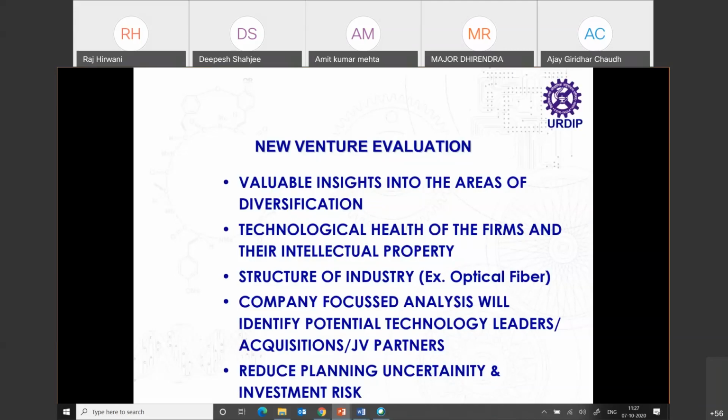So German companies have technology leadership going back to the Second World War, BASF and Bayer. So BASF and Bayer will never look at a cement company as their competitor unless they look at the patents, monitor them. So you get valuable insight.